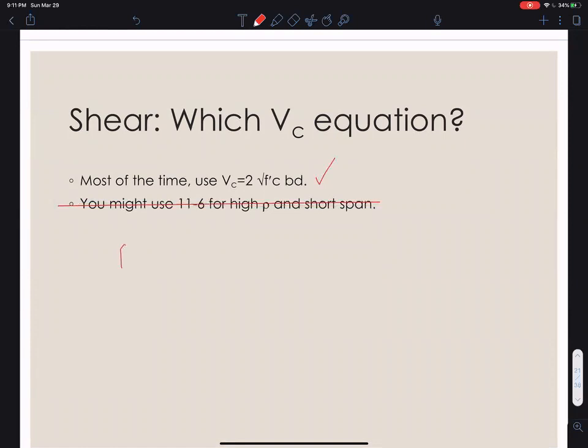You can use the other equation, the one that's 8 rho to the 1/3 root f'c bd if rho is greater than 1.56%.